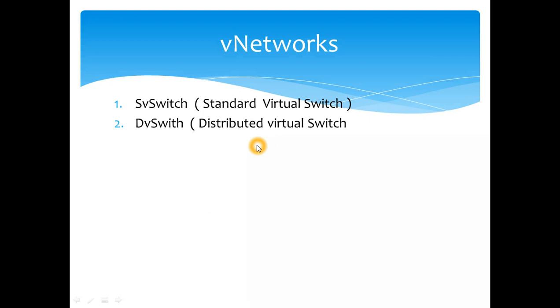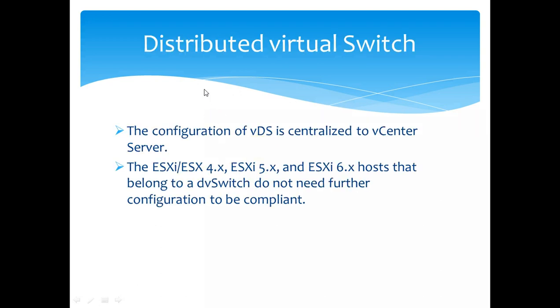The main advantage of distributed virtual switch is you can have centralized management. So the configuration of VDS also, that's another name guys for distributed virtual switch. Virtual distributed switch, people call it in so many different names. So VDS is centralized management for you as an administrator.